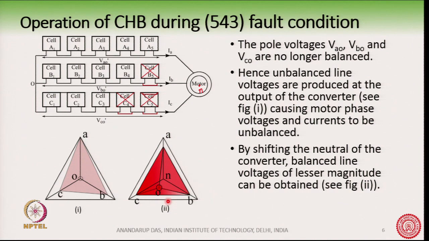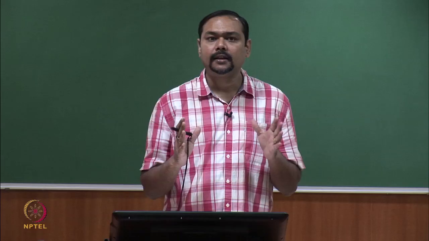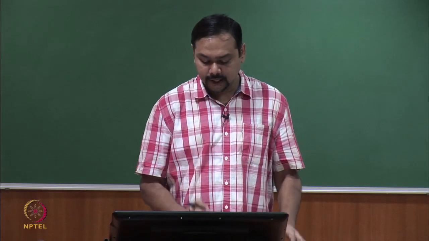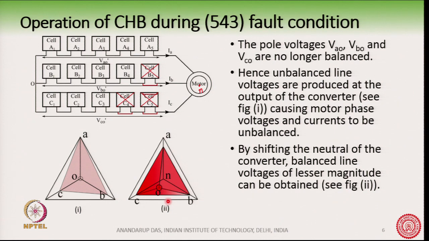This is a common mode voltage, because this voltage exists in all the phases. So, VAN plus VNO is equal to VAO, and also VBN plus VNO is equal to VBO, and VCN plus VNO is equal to VCO.